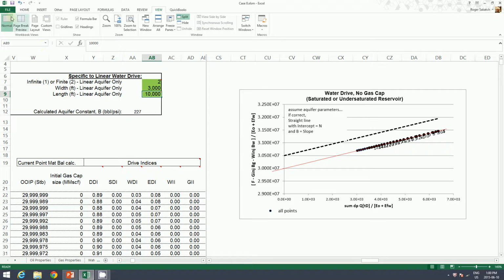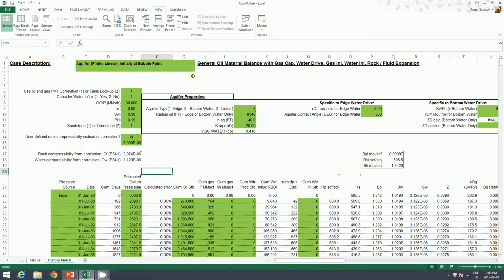So the next step would be then to continue on to the history matching component. And as I recall, I think I've got things set up reasonably well here. I've got the same parameters. There's my 30 million barrels that I've placed into the history matching, which I've taken from my original material balance analysis.